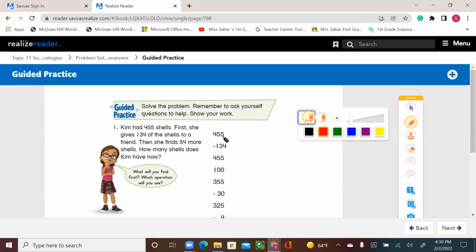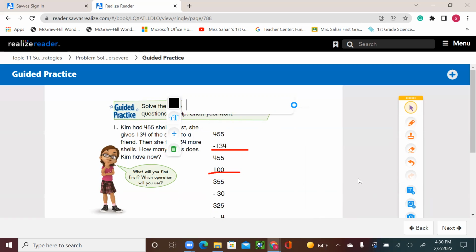So first, let me put 455 minus 134. That's the beginning of my equation. So I'm starting now with 455 minus 100. Okay.